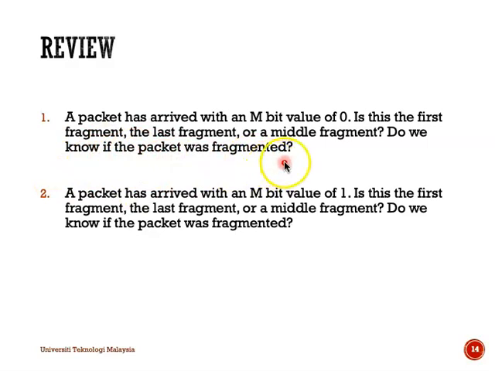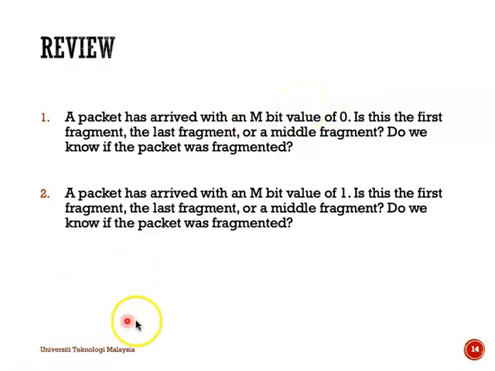If the M bit is 0, it means that there are no more fragments. So this is the last fragment because the M bit is set to 0. However, we cannot say if the original packet was fragmented or not, because a non-fragmented packet is also considered the last fragment. There is no indicator whether this packet is fragmented or not.